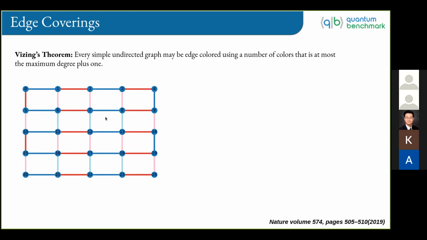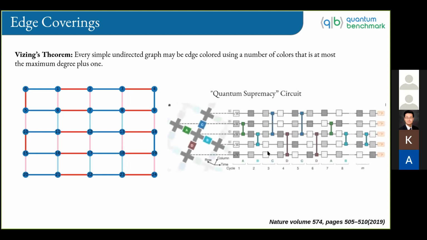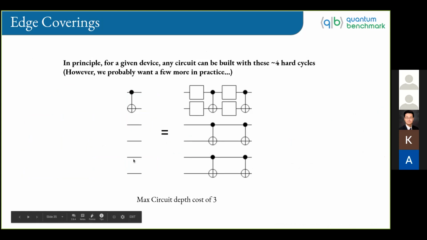And so there are only 4 different cycles of simultaneous C-naughts which cover the entire graph. In the quantum supremacy paper by Google, they actually had 4 cycles. So they covered their entire graph with A, B, C, and D type cycles. So there's some precedent there.